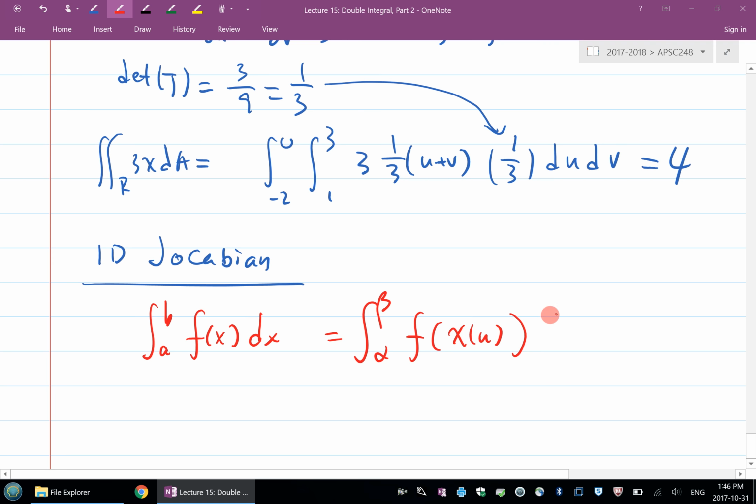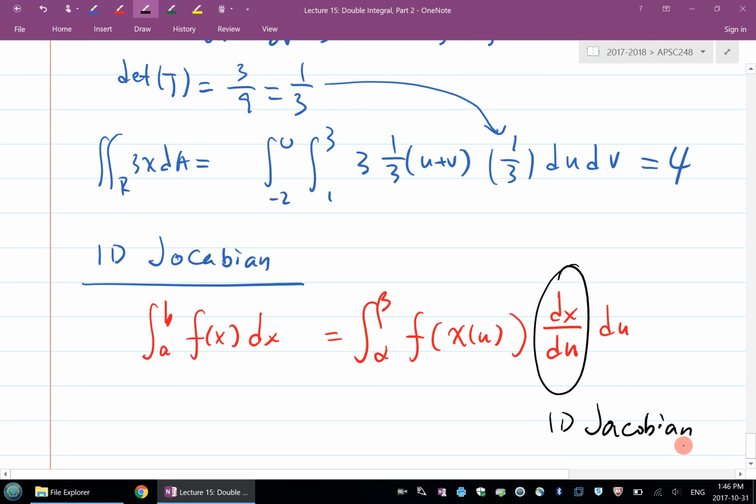Then your dx will be dx over du times du here, right? So you see this guy here, this is basically the 1D Jacobian. That's the substitution, basically. The coefficient there is your substitution. So it's nothing new there, actually.